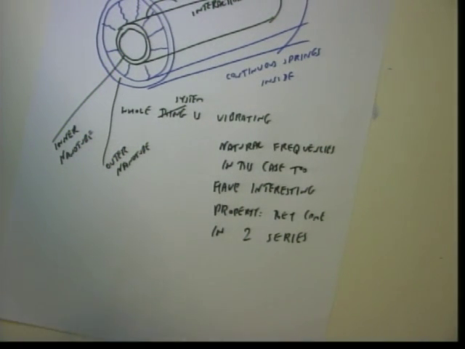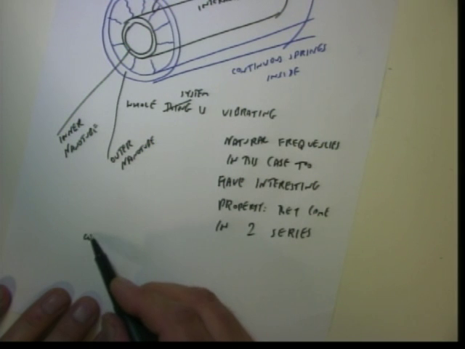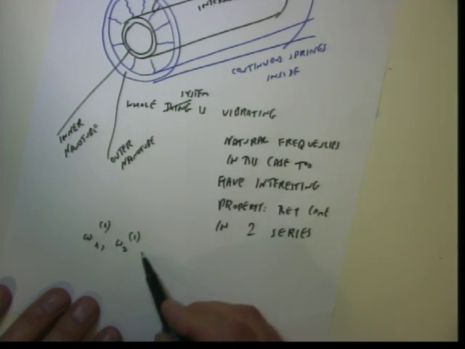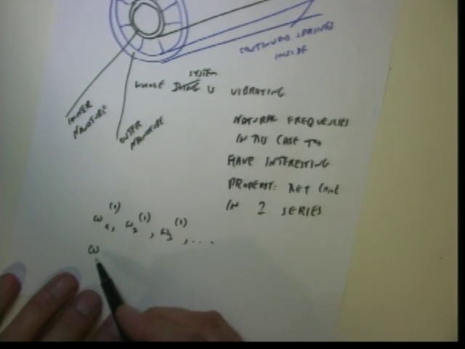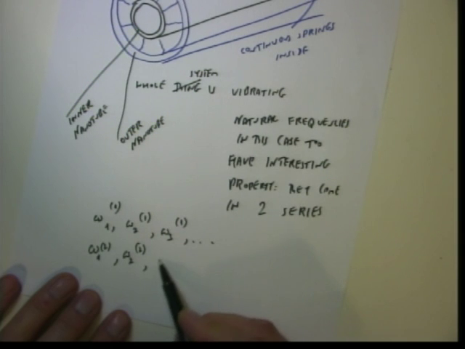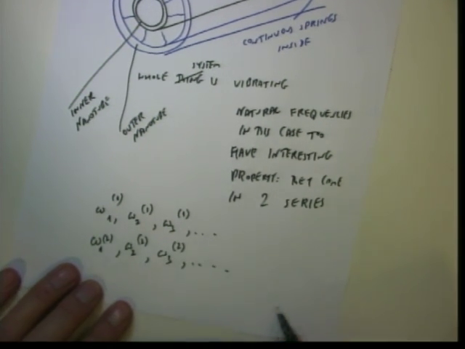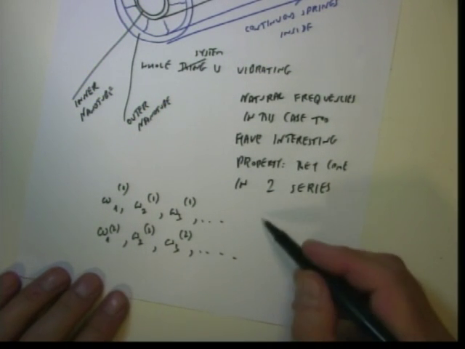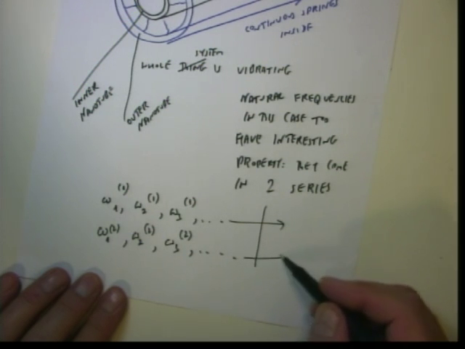Okay, there are two series. So that means that there is, say, first series and first frequency, second frequency in the first series, third frequency in the first series, etc. And then first frequency in the second series, second frequency in the second series, third frequency in the second series, etc. And this, of course, is infinity, so that is an infinite series, and this is also an infinite series.